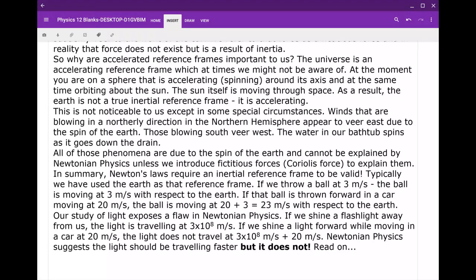So from within the frame of reference, you invent this fictitious force that apparently pushes you to the other side of the car. That's how we explain these phenomena of an accelerating frame of reference.